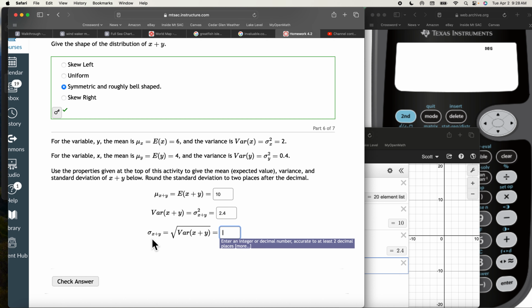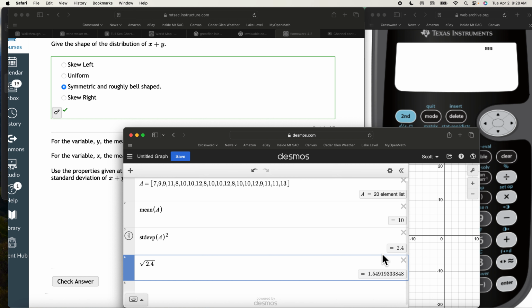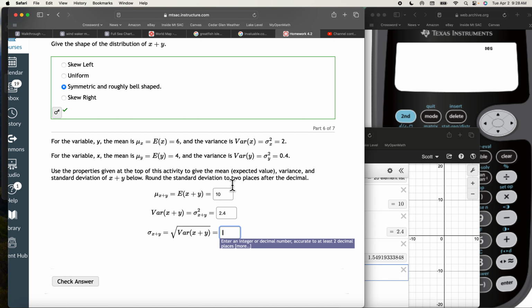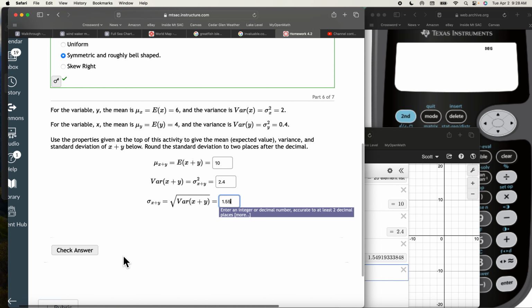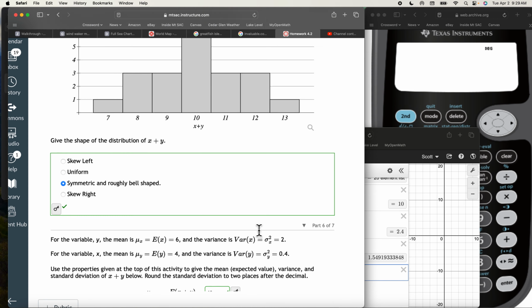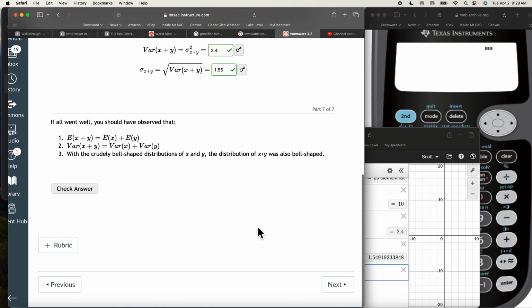And then the standard deviation is the square root of the variance. So I'll just take the square root of 2.4, and we get 1.549. Let's see how many places. 2 places. So I'll go 1.55 for the standard deviation. That should be okay to go. And that's it. Okay, so we're done with that question.